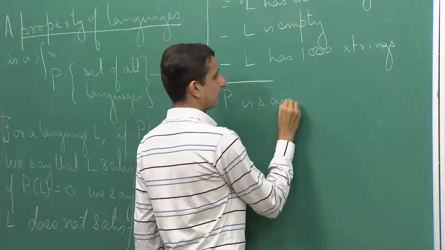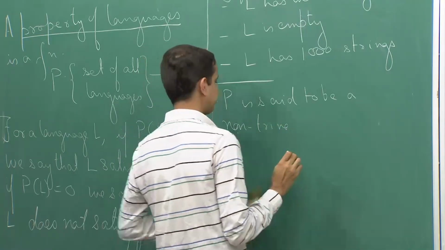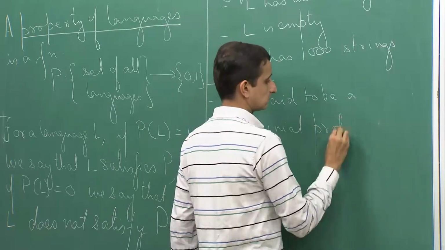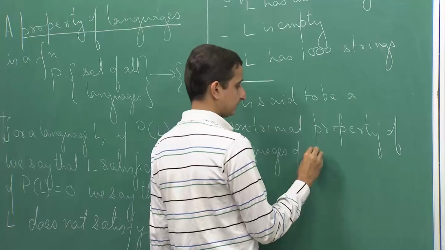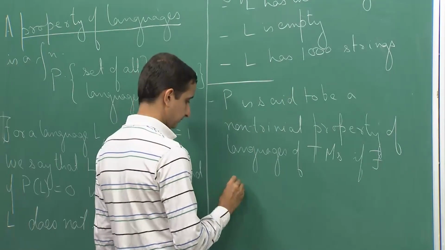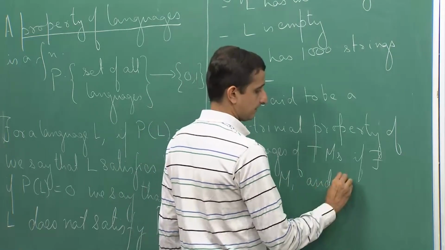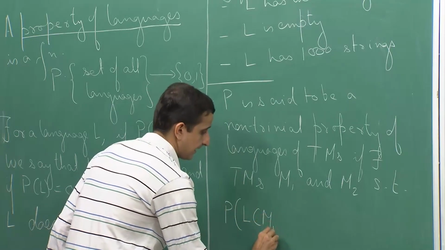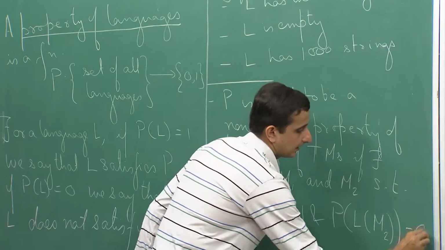P is said to be a non-trivial property of languages of Turing machines if there exist Turing machines M1 and M2 such that P of L of M1 is 1 and P of L of M2 is 0.